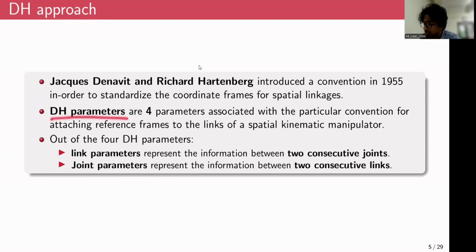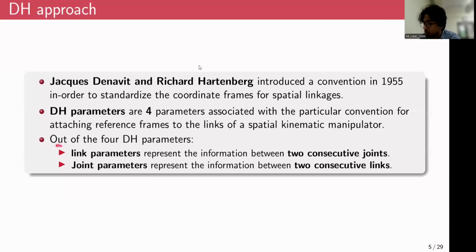So the DH parameters are just four parameters associated with a particular convention for attaching reference frames to the links of a spatial manipulator. It's a convention to assign frames so that we would only require four parameters to communicate the information between two frames.